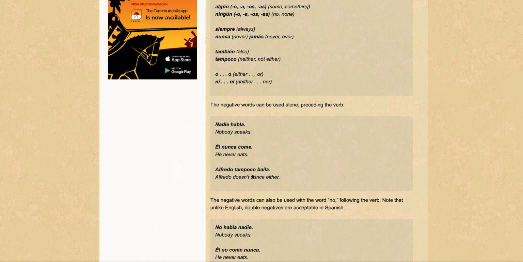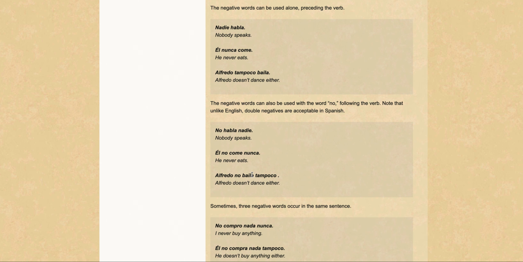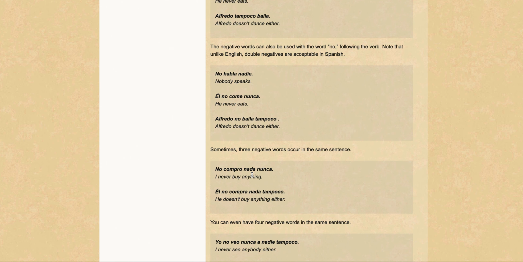So the next rule is that negative words can also be used alone preceding the verb, like nadie habla, él nunca come, Alfredo tampoco baila, right? And negative words can also be used with the word no, right?